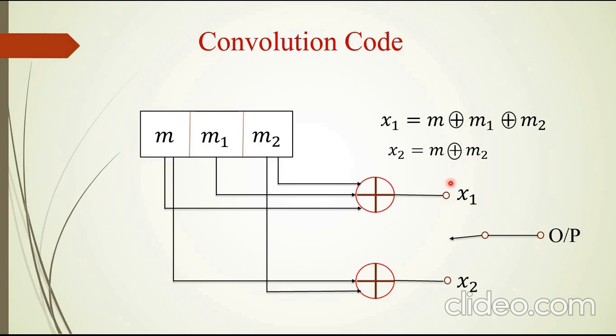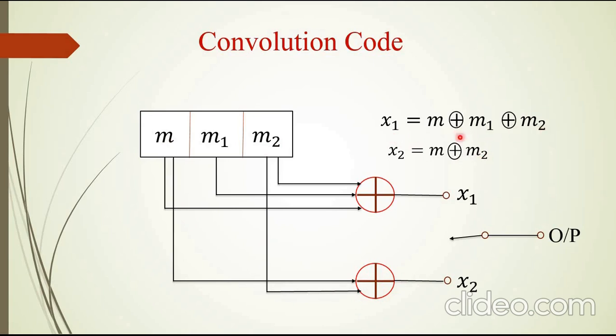If I say I have one output, x1, and a second output, x2, where x1 is the algebraic sum of all bits, then all bits are added with an adder, and for x2 only the first bit and the last bit are added, so x2 is the algebraic sum of m and m2.